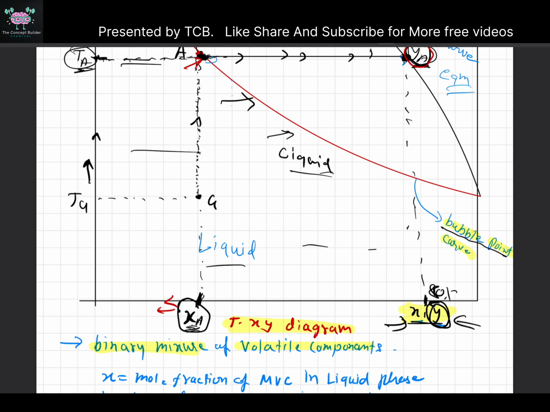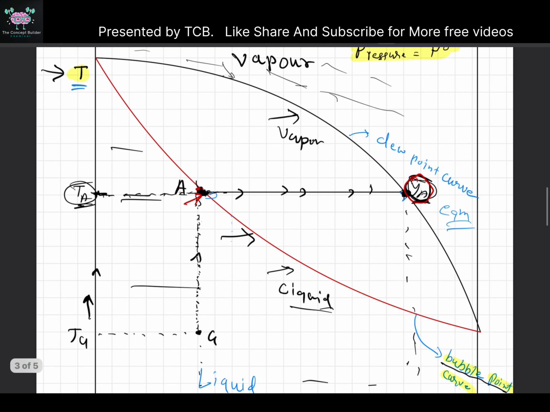So its amount in the liquid is decreased, and its mole fraction is decreasing. So we will move along this line, and as you can see, the temperature of the system will increase. At this composition it will have this temperature, at this composition this temperature, and we will move like this. And at every point you can say what the vapor phase composition will be.